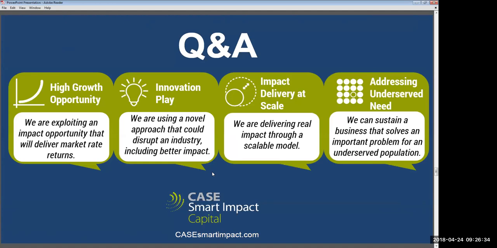And as Nick said, the investors don't come with labels. They're often a little inconsistent themselves. But asking, what are the main points that we would put into an impact delivery at scale story, and having that in your back pocket, and what are the main points that we would put into an innovation or an underserved story, and having that also in your back pocket, could be very useful to figure out in the moment what people need to hear.